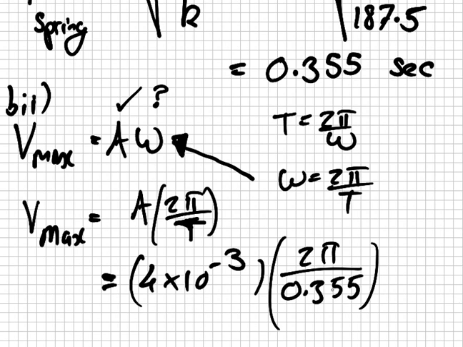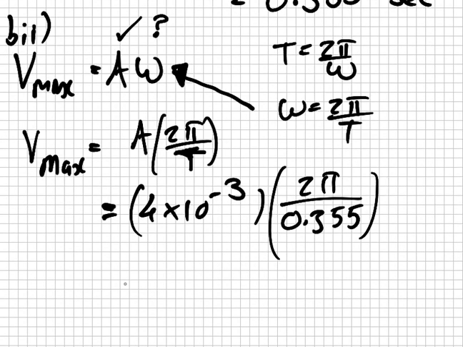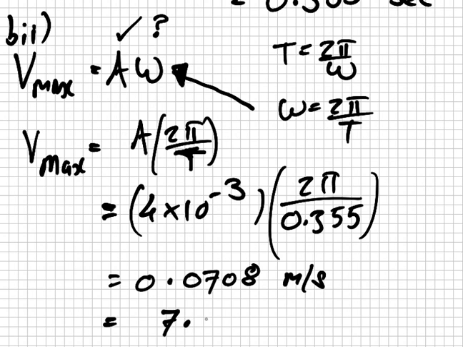That is 0.0708 meters per second. Or if you want, you can write that as maybe 7.08 centimeters per second. Might be more appropriate. And that's A2.